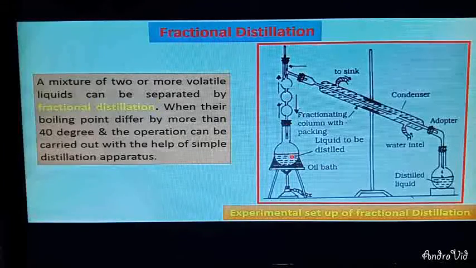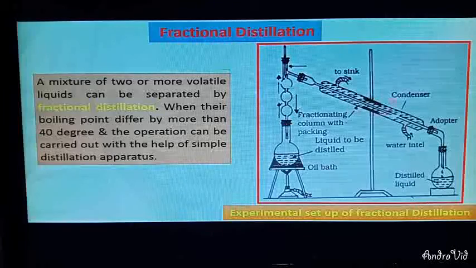liquid, having two liquids that need to be separated from each other, the liquid which has a comparatively lower boiling point will vaporize first, and in this way it will enter into the condenser. Okay, there are two ways, one is the water inlet and another is the water outlet.